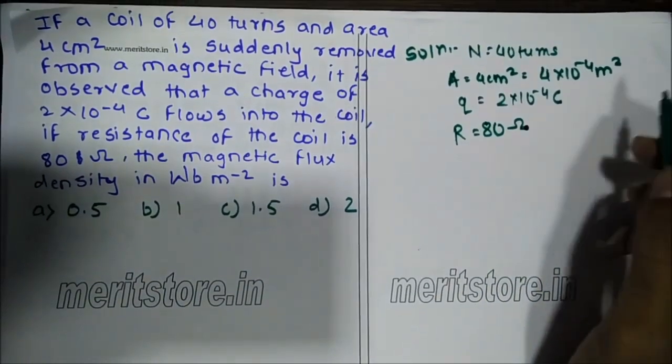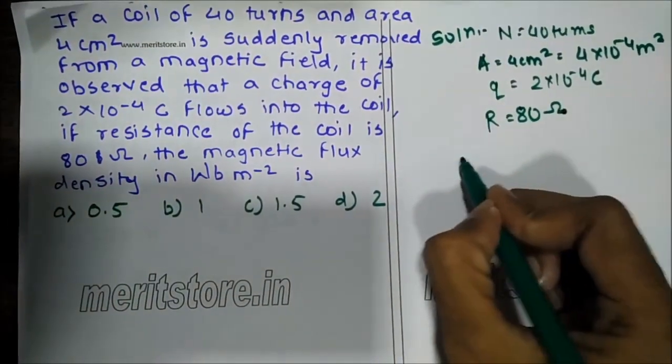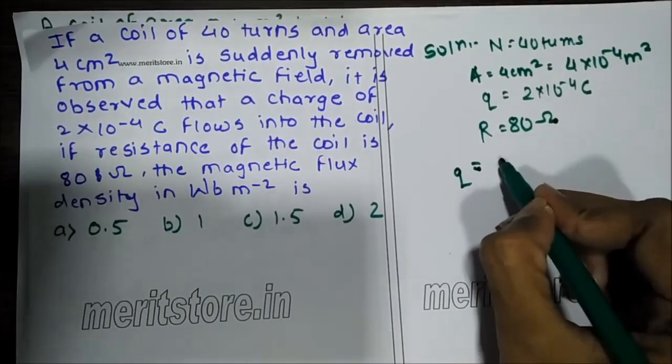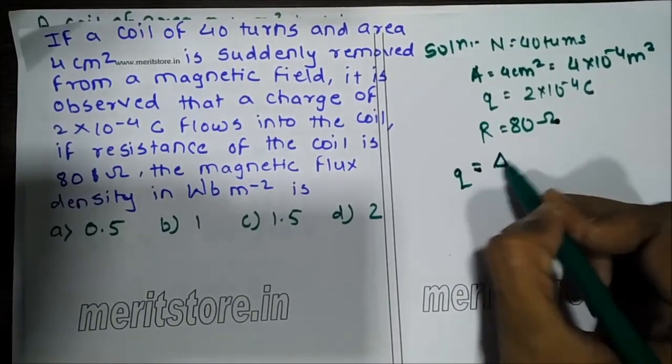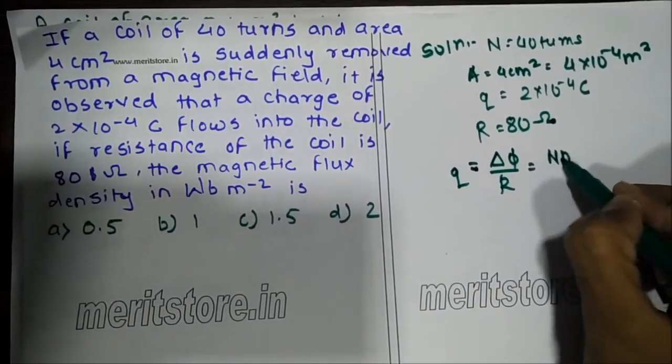Then we need to find the magnetic flux density associated with it. With respect to the charge, we have the formula: the charge is equal to the change in the magnetic flux upon R, where the change in the magnetic flux is equal to NAB.